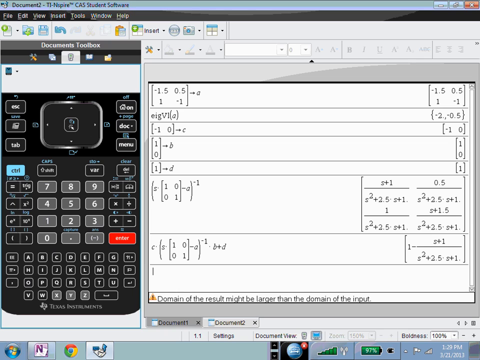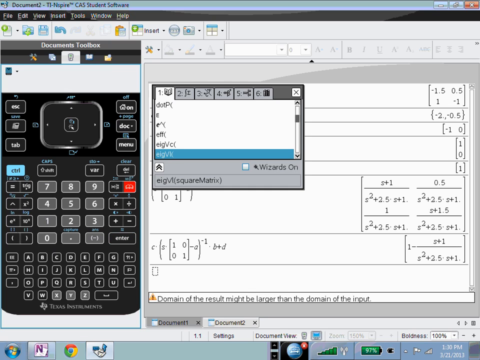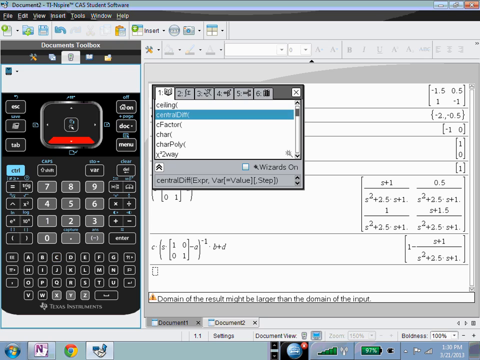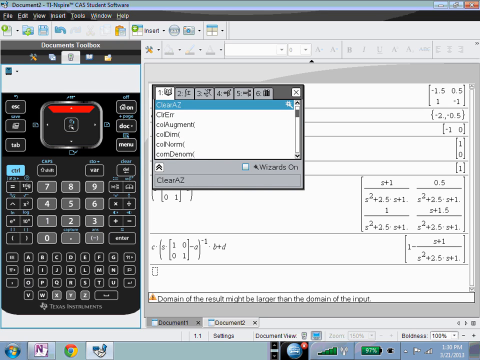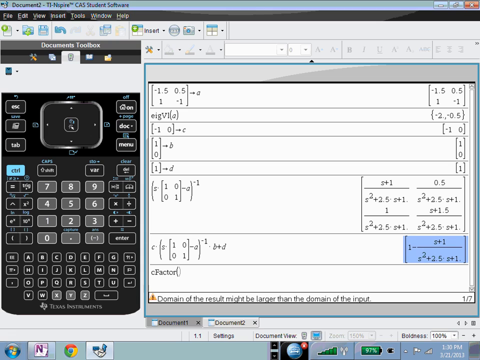But if we wanted to see it as a compressed transfer function, one way of doing that is to, let's just say, I wanted to do complex factor. Where is that at? There it is. So now if I do complex factor, because let's say I hadn't already found that the eigenvalues were real, and I didn't know what they were, I'm going to assume they're maybe complex.